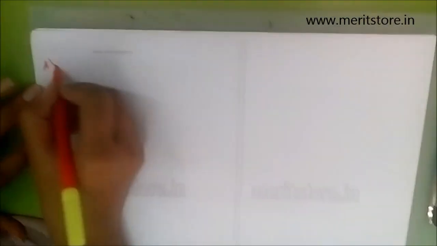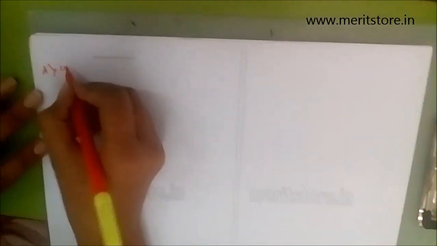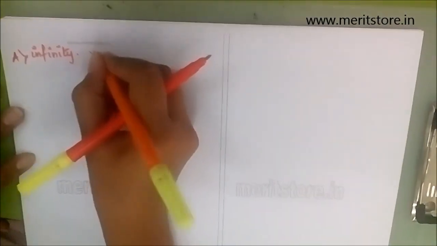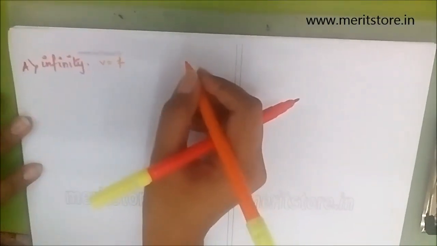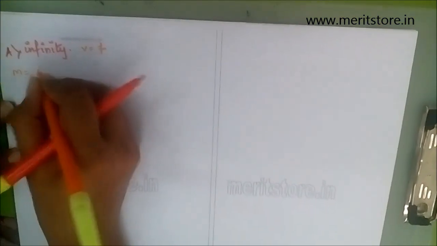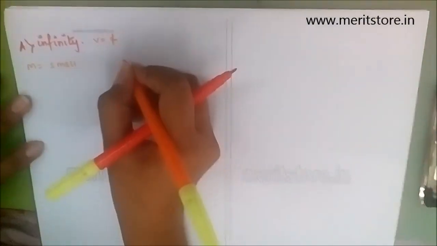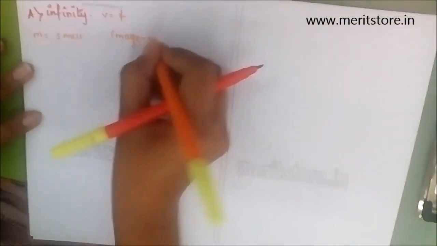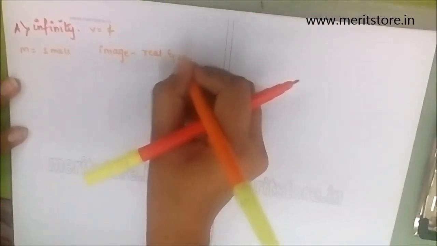First, when the object is at infinity, then v is equal to f. Magnification in this case is extremely small, that is m is very small, and the image is real and inverted.